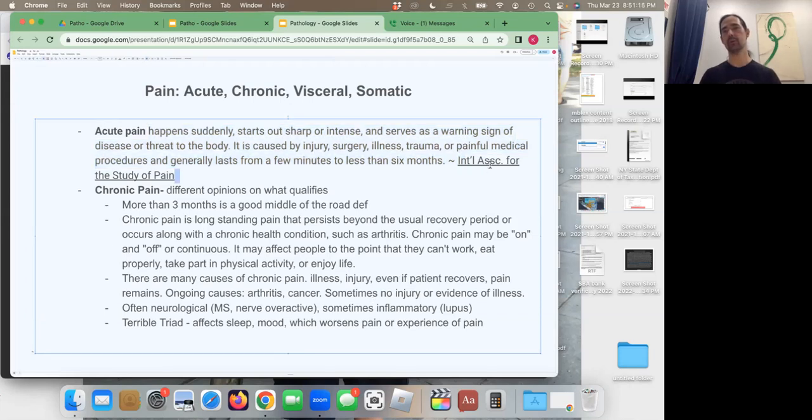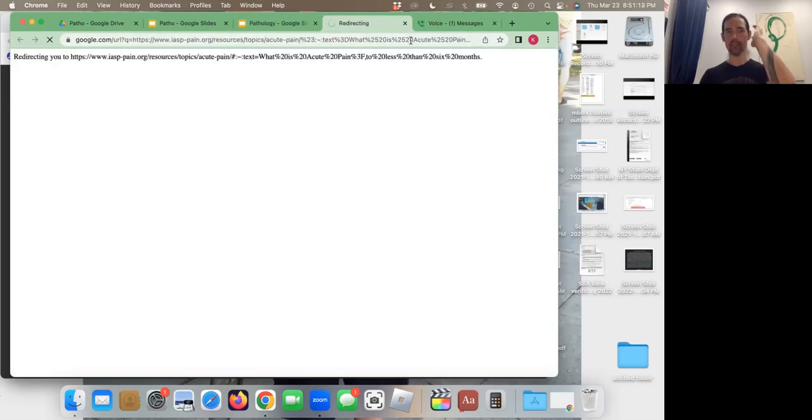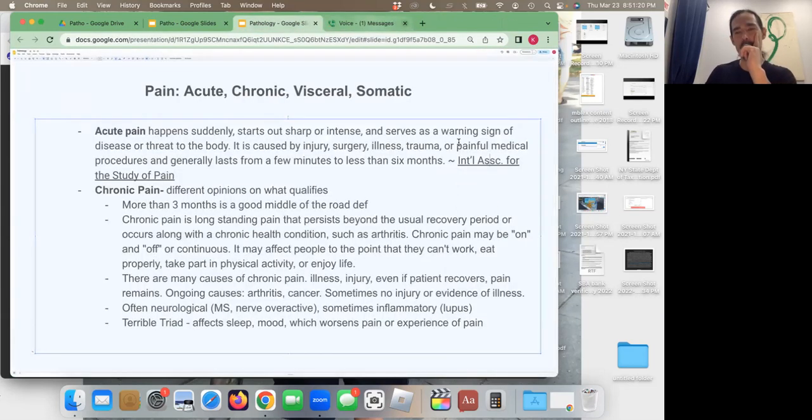If you want to read the whole article, you can click here, and it'll open the link for you. But 6 months, well, that's a matter of opinion. I kept it in there just because it's the quote. So acute pain happens suddenly. There's usually a discernible cause.